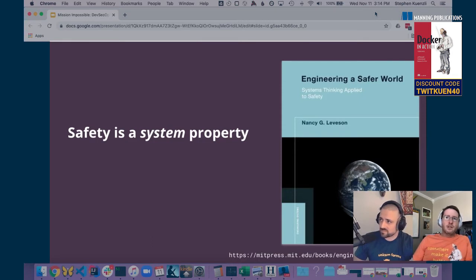This comes out of Engineering a Safer World, and there's a practice called STAMP, and what Dr. Leveson says is that safety is a system property, and that we can't guarantee the safety of a system by only examining a single component or making that single component safe. Everything interacts together. We build and deploy complex systems, and so take something as simple as an S3 bucket.